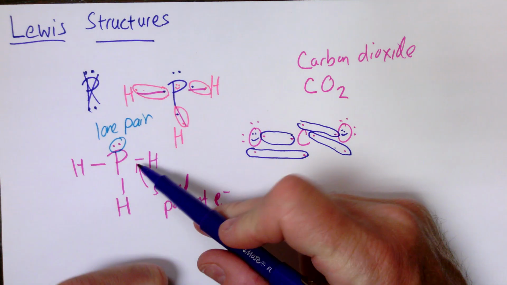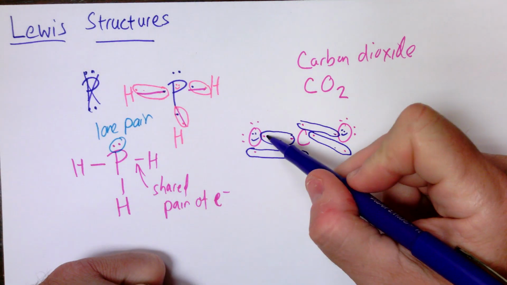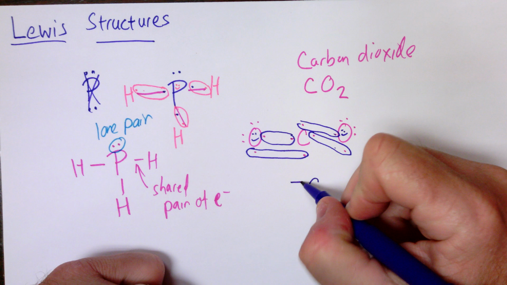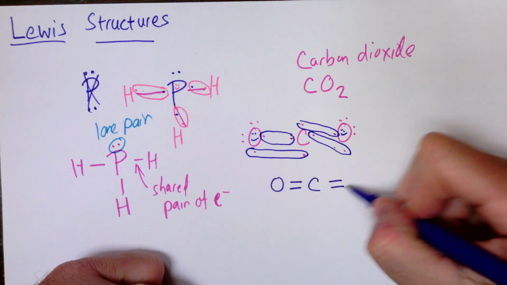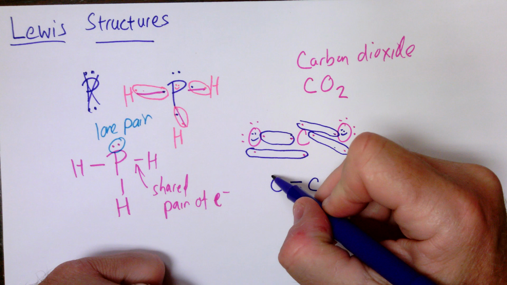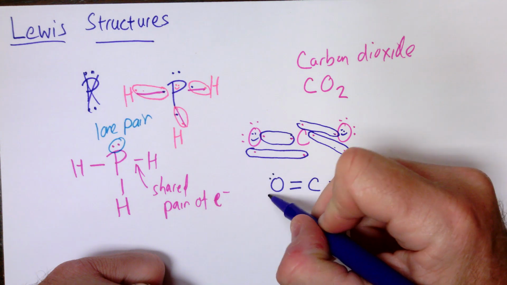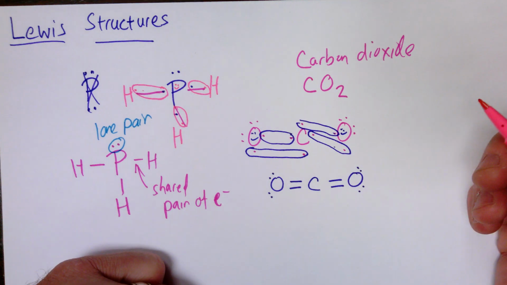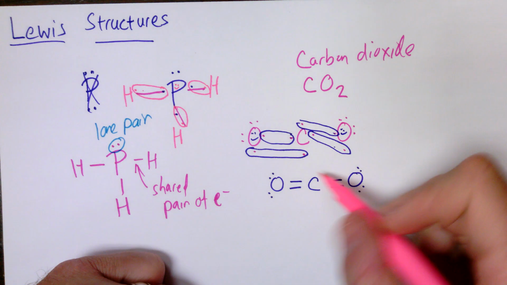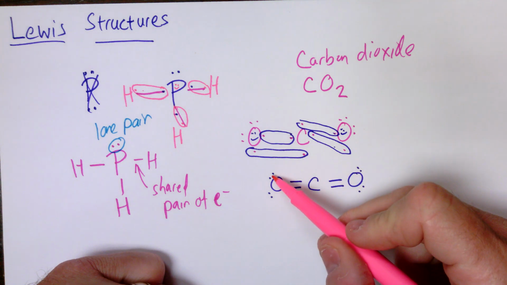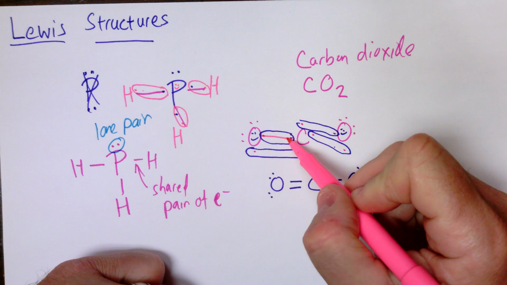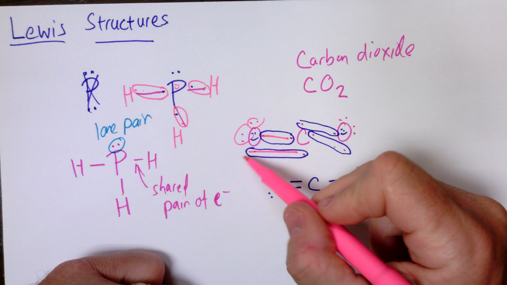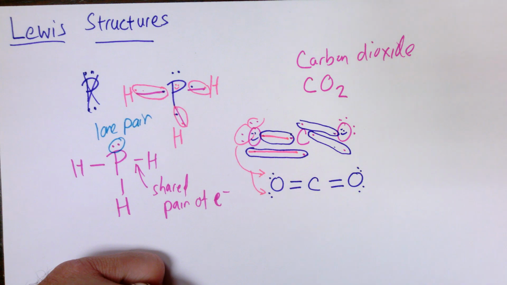Now let's draw the Lewis structure for this. Remember, each line is a shared pair of electrons. Well, I've got 2 shared pairs between this carbon and this oxygen. With these Lewis structures, I've got to show all these shared pairs, and I also have to show all the lone pairs. So oxygen has these 2 lines going to carbon, 2 shared pairs, and then 2 lone pairs, which I still show.